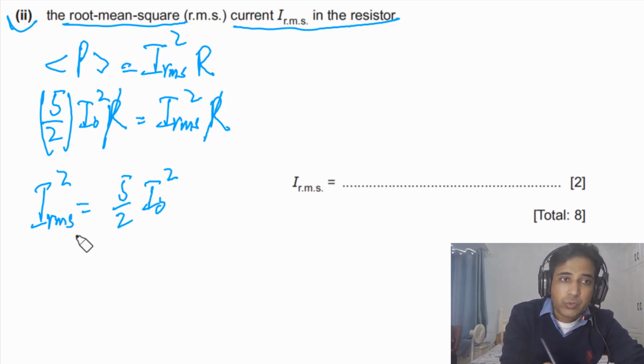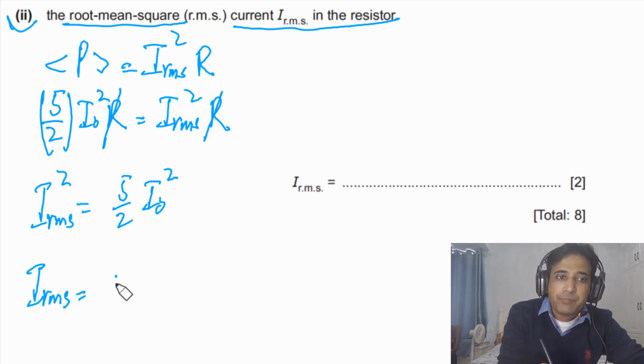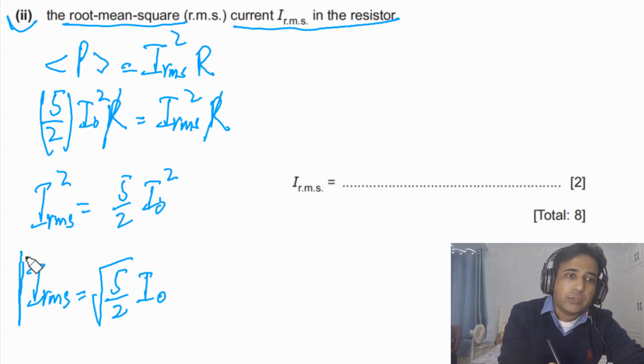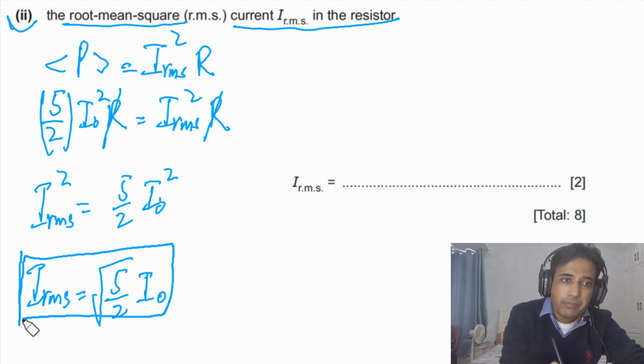Now if we take the square root on both sides, we will get IRMS equal to root of 5 by 2 times I naught. So this is the value of IRMS.